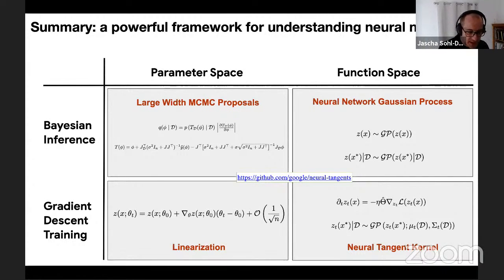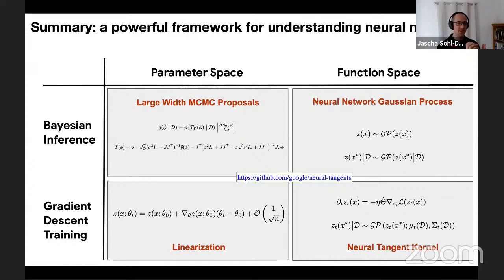I guess if you're thinking about gradient descent training, then the NMGP just describes the distribution of functions that you get at initialization, whereas the NTK describes the distribution over functions that you get after training the neural network. You can write down the equation for the distribution over functions that you get after training a neural network for time t.